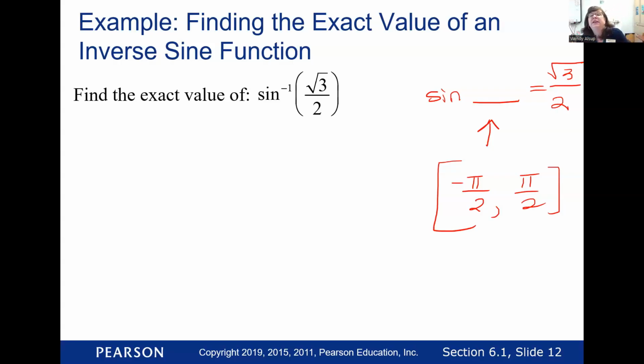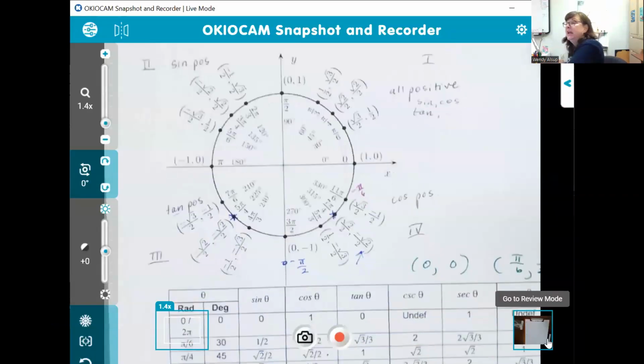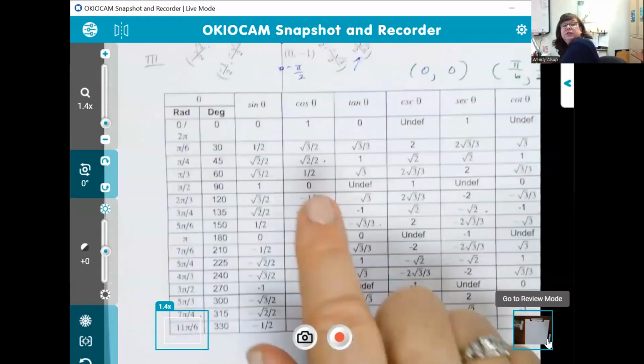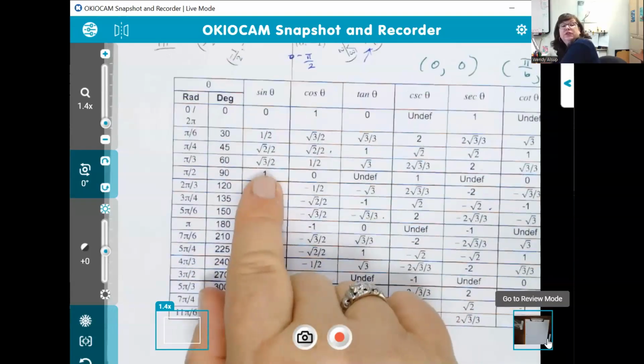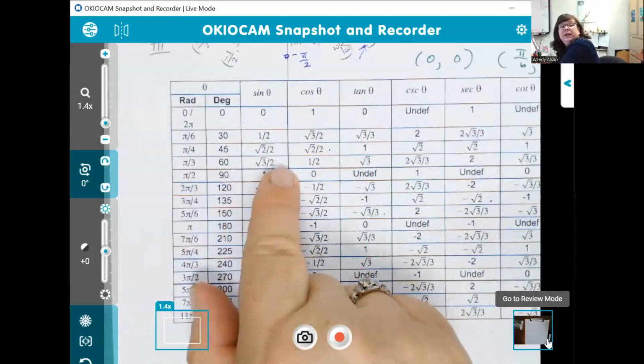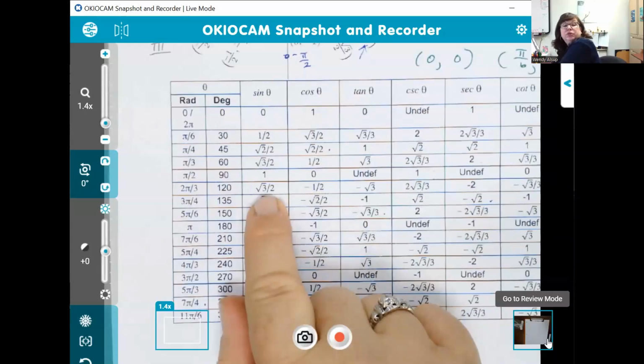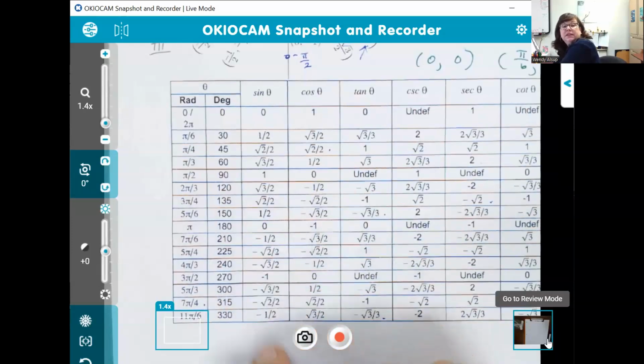So let's look again at our handy dandy cheat sheet. I'm going to look down my sine column, and I'm looking for √3 over 2. Right there, pi over 3, and 2 pi over 3, and that's the only two.